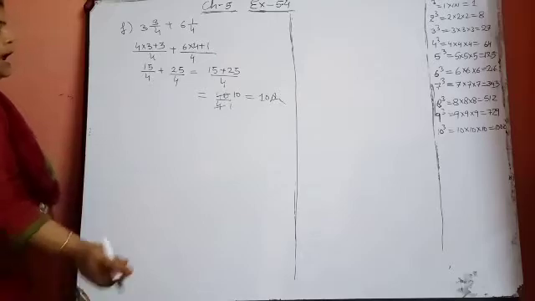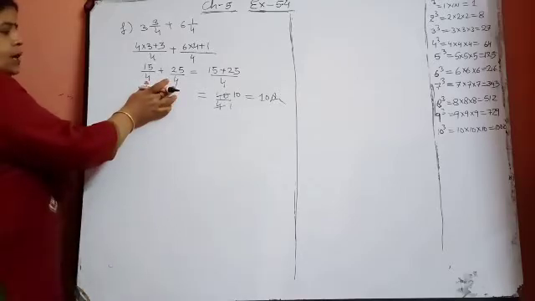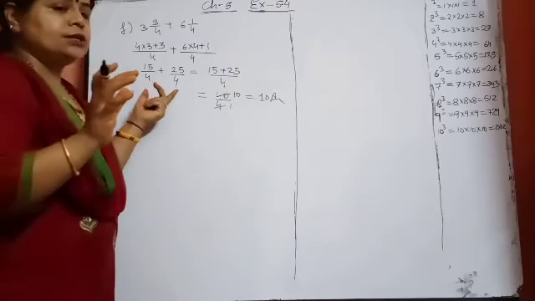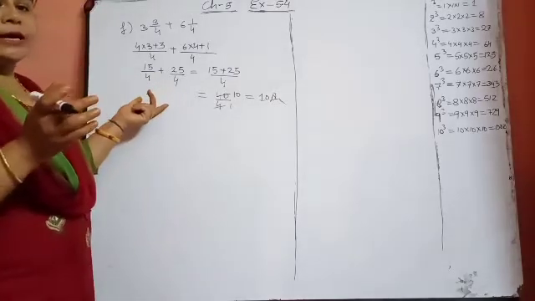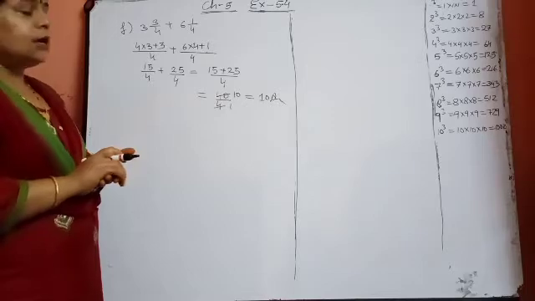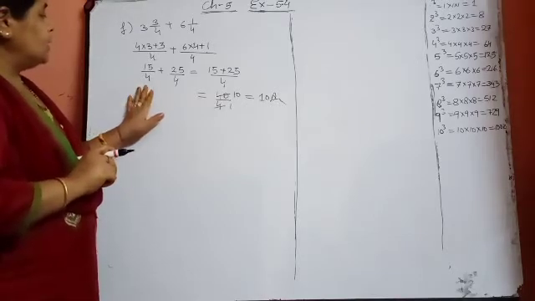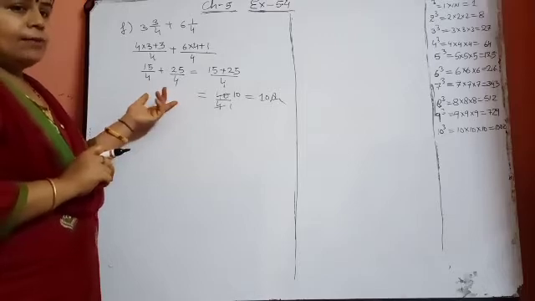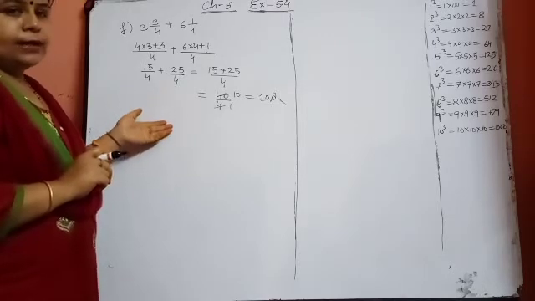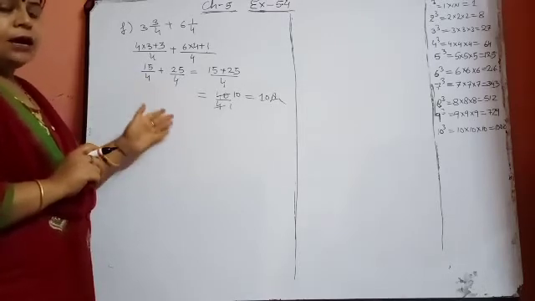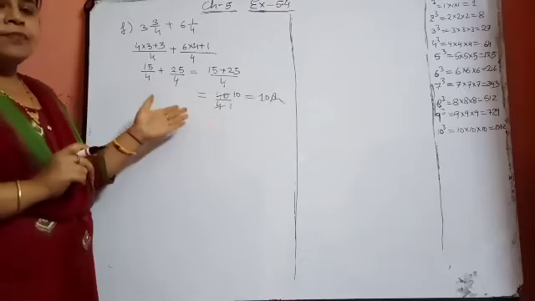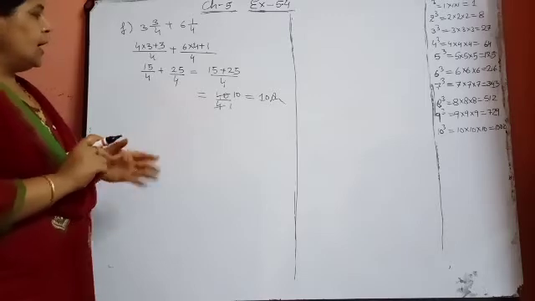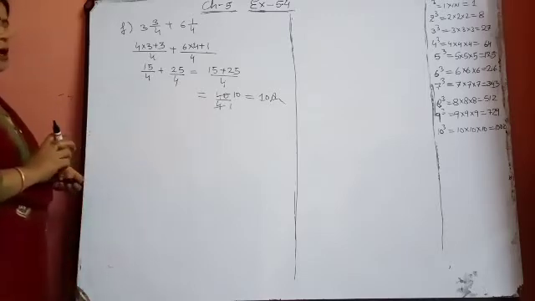If the denominators are unequal, the rest of the procedure is the same as I just did. Again you will take the LCM, then divide the LCM by each denominator one by one, and multiply each fraction by the respective quotient, so that the denominators become equal.